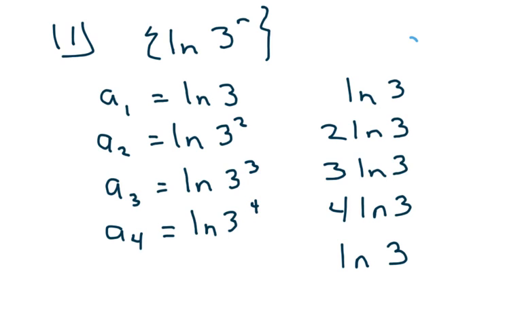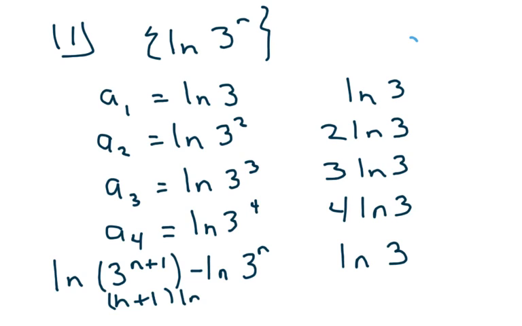Basically, the way you would do that is you subtract ln of the current term from ln of the next term, and that's going to give you n plus 1 times ln 3 minus n times ln 3. Then I pull out ln 3 and get n plus 1 minus n, and that gives me ln 3.